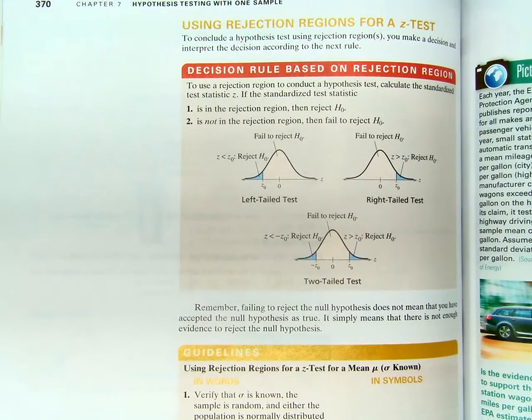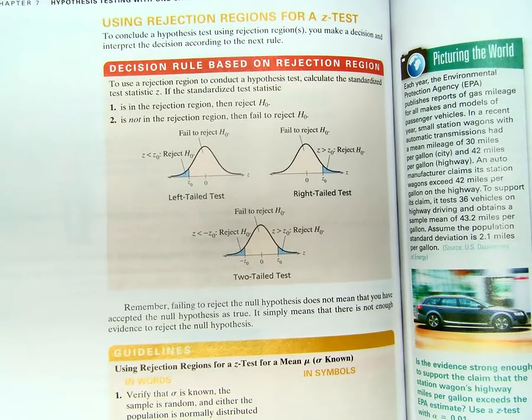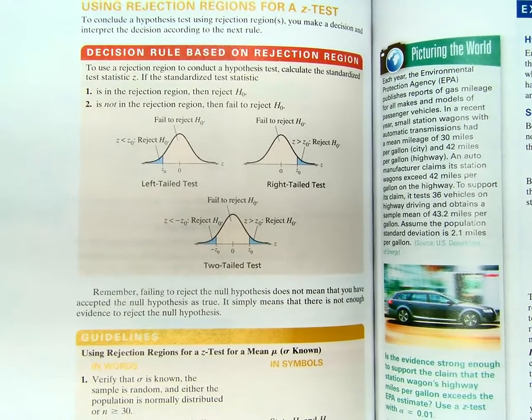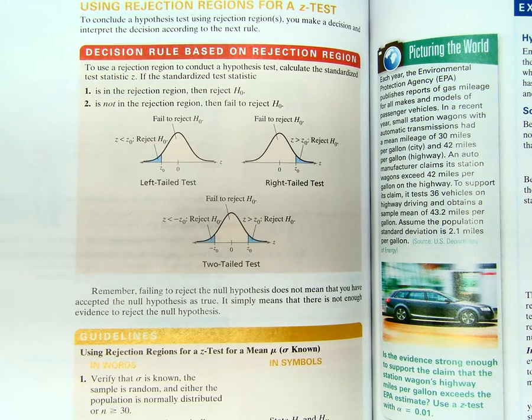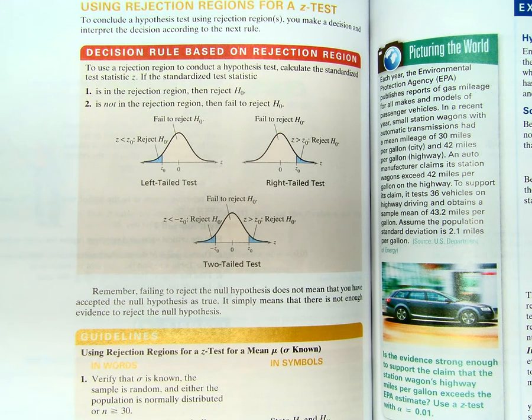Using rejection regions for a z-test. Red box. Yes, we love our red boxes. To use a rejection region to conduct a hypothesis test, calculate the standardized test statistic z. If the standardized test statistic is in the rejection region, then reject the null hypothesis. If it's not in the rejection region, then fail to reject the null hypothesis. Okay?